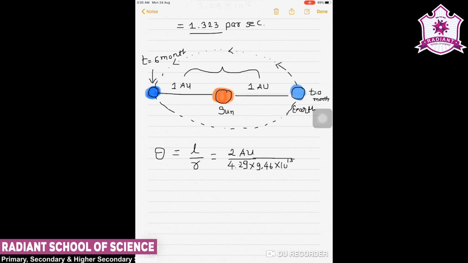So this is the term that we can apply, and when we apply it, what we will get is 1.512 second. So the angle would be very small, but this can be explained in this manner.